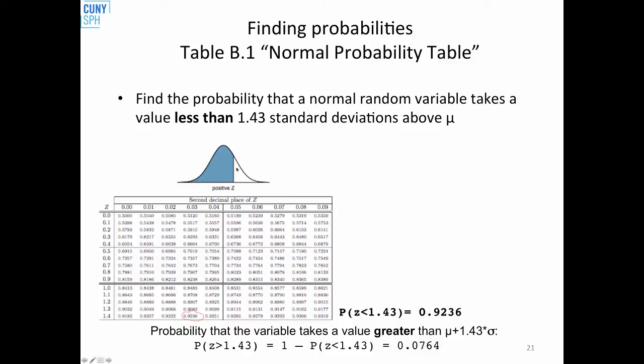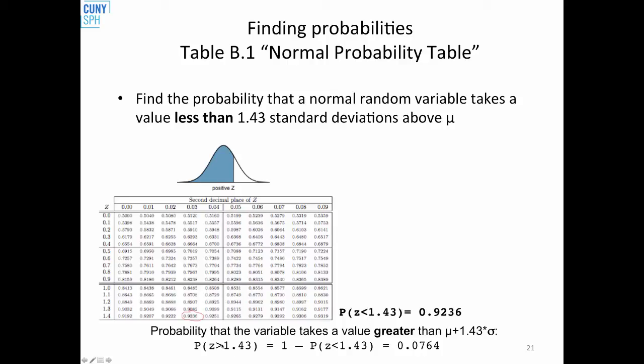Now, the table doesn't directly tell us the probability of the variable taking a value greater than this, but you know this property of mutually exclusive events: z can only be either less than or greater than 1.43, and mutually exclusive, exhaustive events have probabilities that sum up to 1.